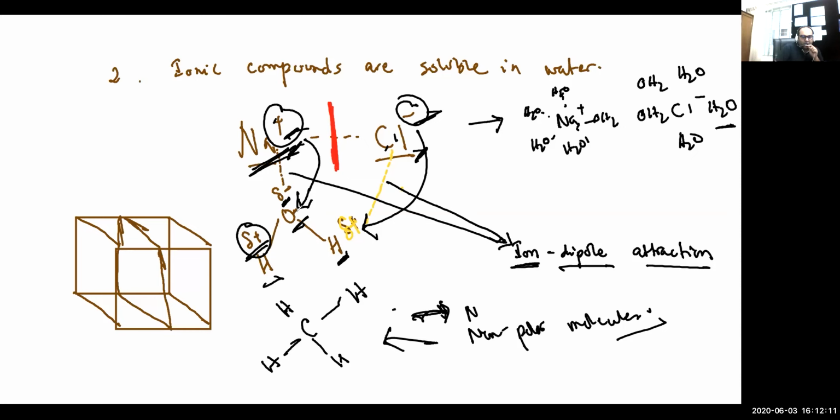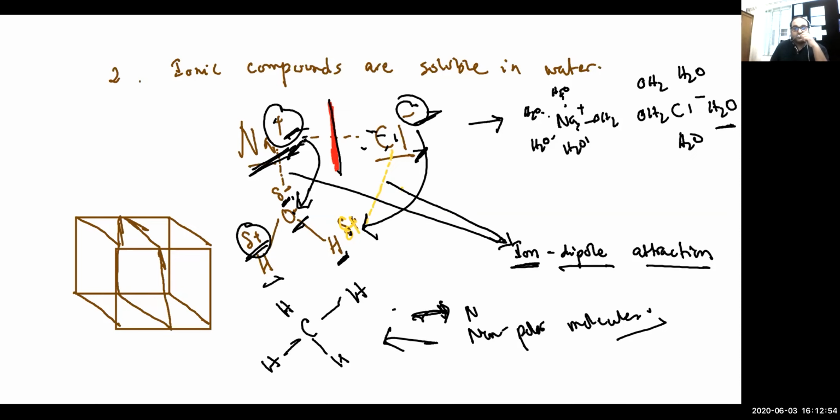Oxygen is attracting sodium, hydrogen is attracting chloride. Due to the stretching, the bond breaks and they're separated like this. Sodium and chloride are now separate, so they are soluble in water. Did you understand? Yes, sir. Okay.